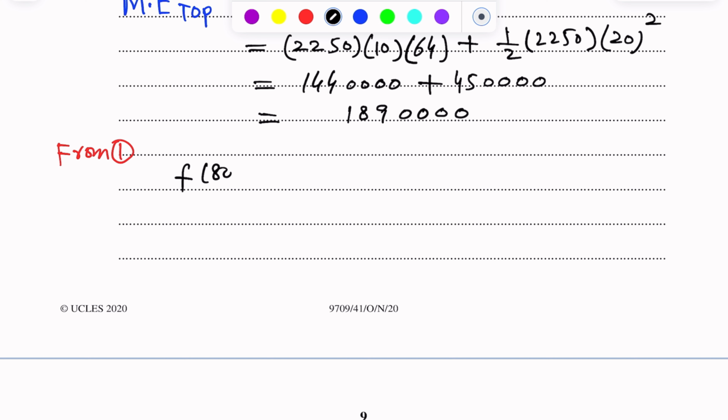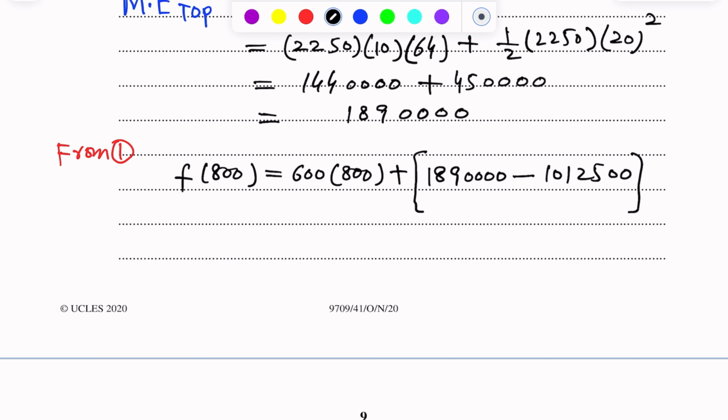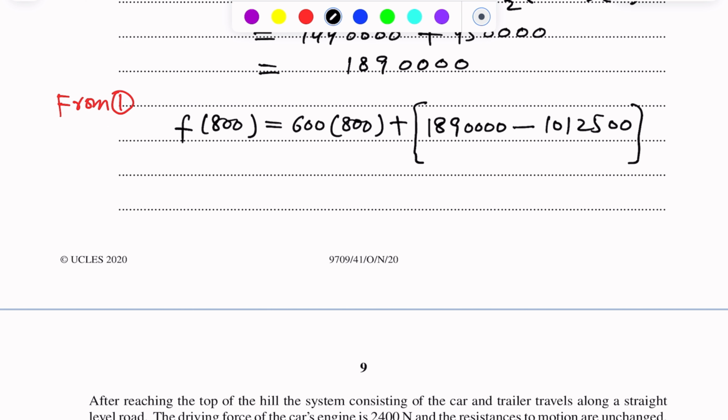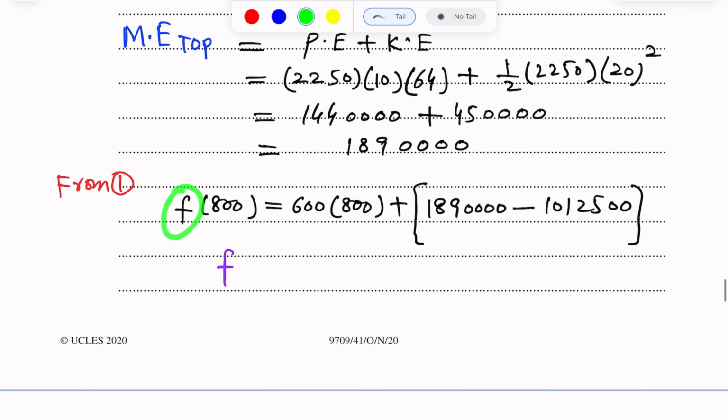F times 800 is equal to 600 into 800 plus change in mechanical energy, final minus initial mechanical energy, 1890000 minus 1012500. So from here we can find the value of this F, that is driving force.